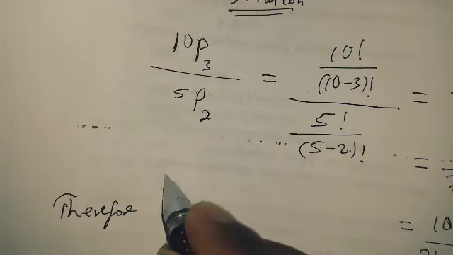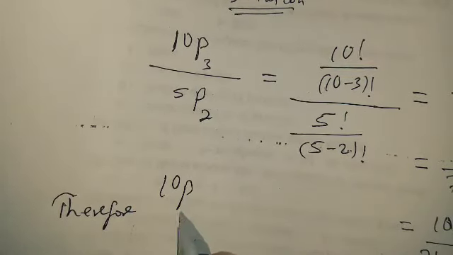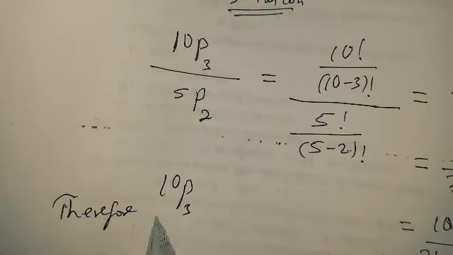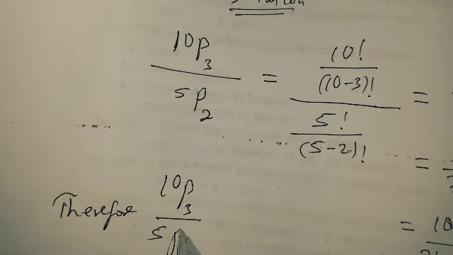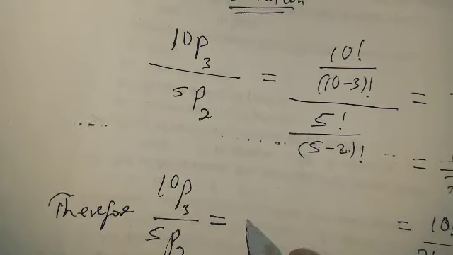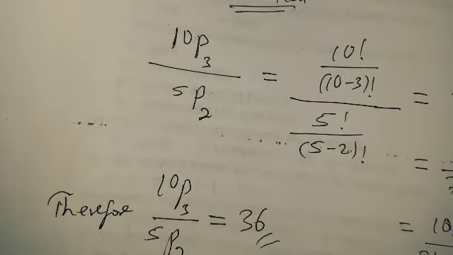Therefore, 10 permutation 3 all divided by 5 permutation 2 is equal to 36.